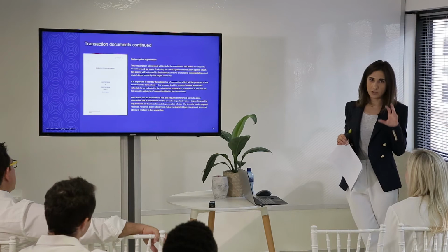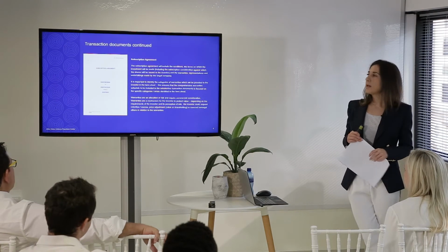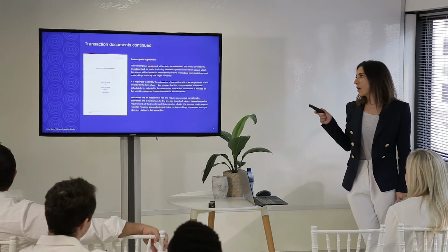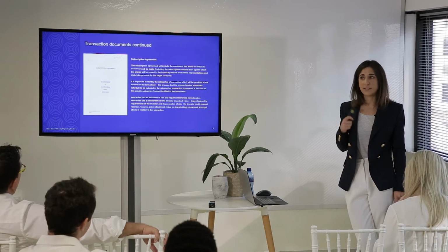I think another thing to think about in the context of warranties is, what are warranties, right? Warranties are about an allocation of risk. An investor is coming into a company that you've been running, okay? Ultimately, if something goes wrong about the historic liabilities, ultimately you need to stand good for those, right? So the investor is not going to assume the risk in respect of historic performances of the business. And warranties are a mechanism for the investor to protect his value.